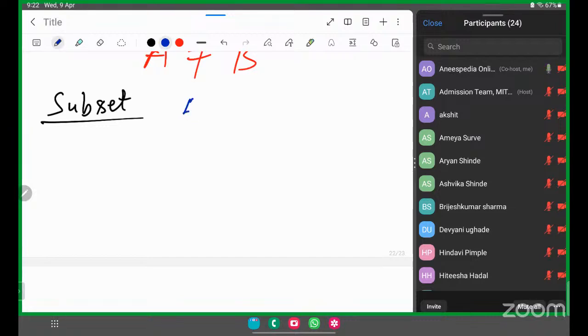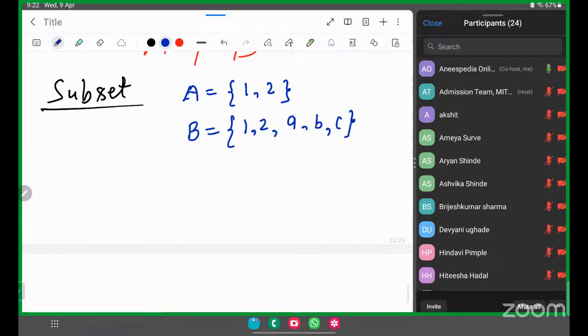Let's say we have a set A in which we have elements 1, 2, and we have another set B which has 1, 2, A, B, C. You will notice that all the elements of set A are in set B. So in this case, we say that A is a subset of B and B is superset of A.